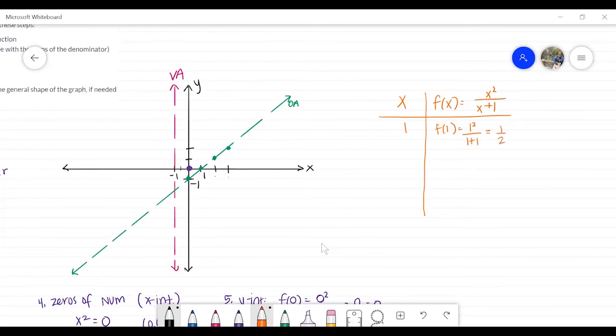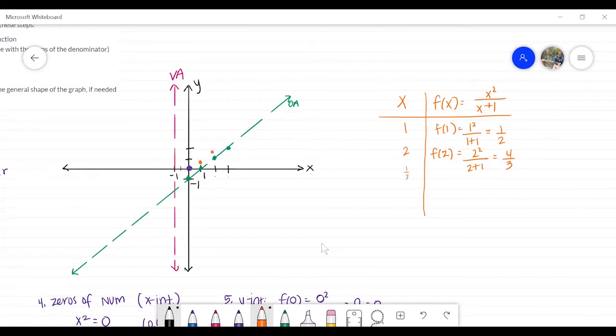So f of 1 is 1/2. That's kind of like right here, maybe a little closer, but right about there. What about 2? So f of 2 is 2 squared over 2 plus 1, which is 4/3. That's a little bigger than 1, so maybe like right here. So it seems like we're pretty close to this line.